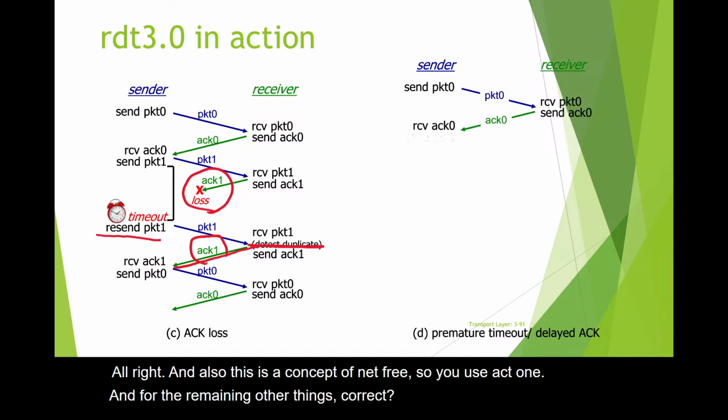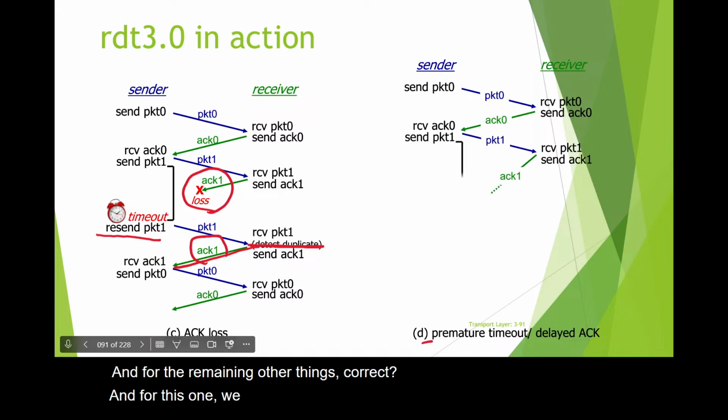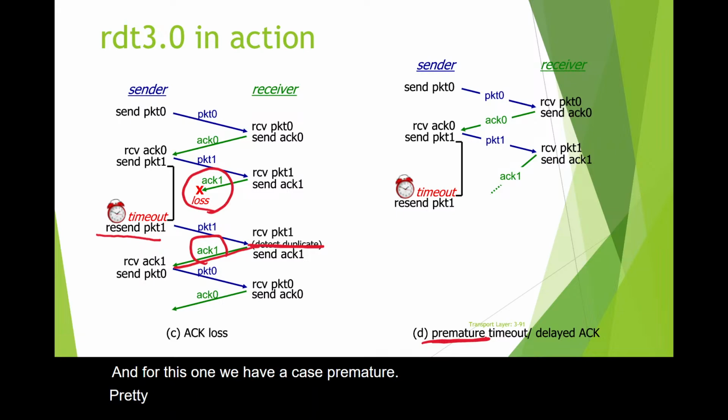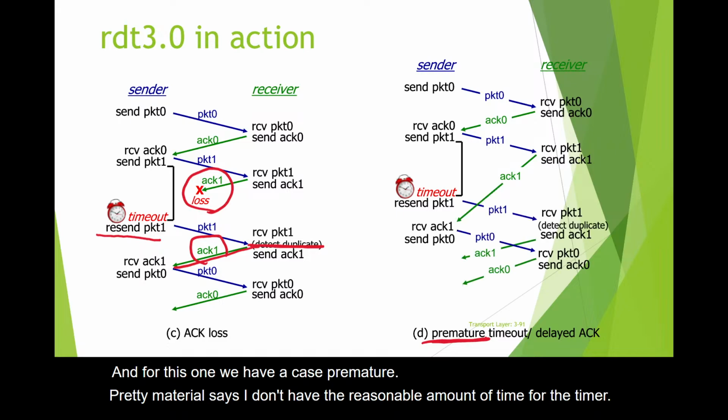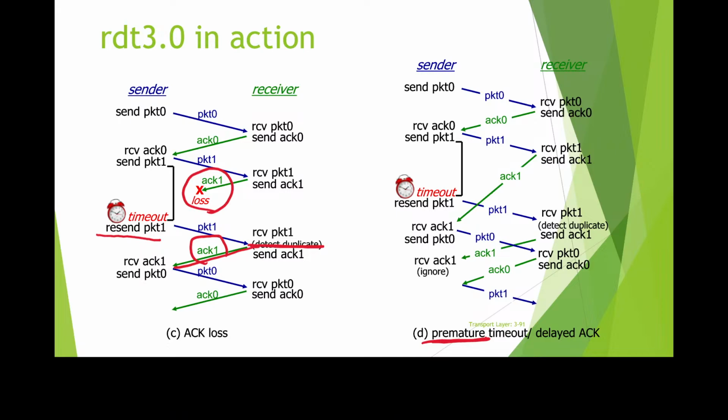And for this one, we have a case, premature. Premature says, I don't have a reasonable amount of time for the timer. Premature says it is too early to have an alarm of timeout.